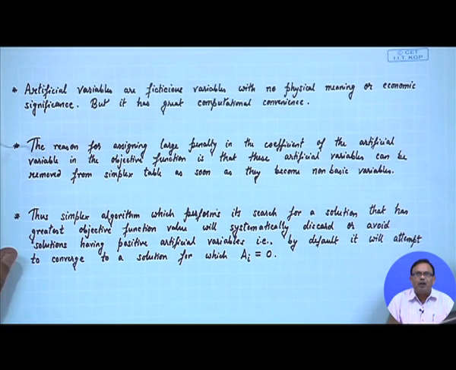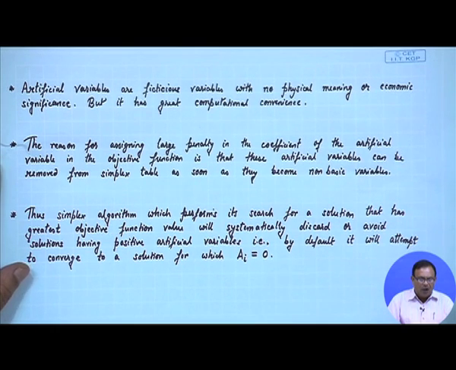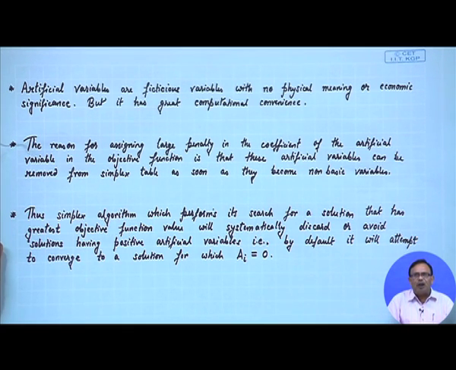The reason for assigning a large penalty in the coefficient of the artificial variable in the objective function is that these artificial variables can be removed from the simplex table as soon as they become non-basic variables. So, basically we want these variables to go out from the simplex table. For that reason, we have attached a very high value, effectively adding a very high penalty to this.